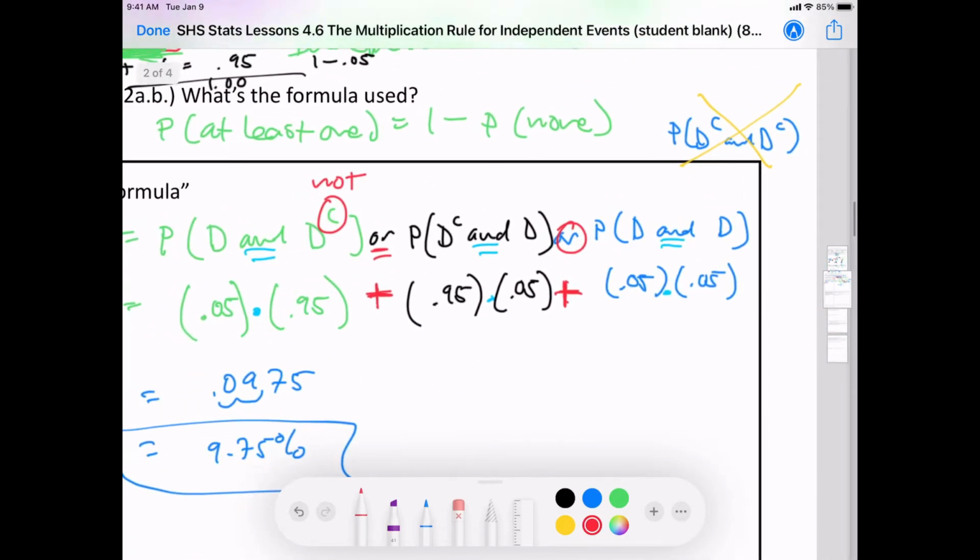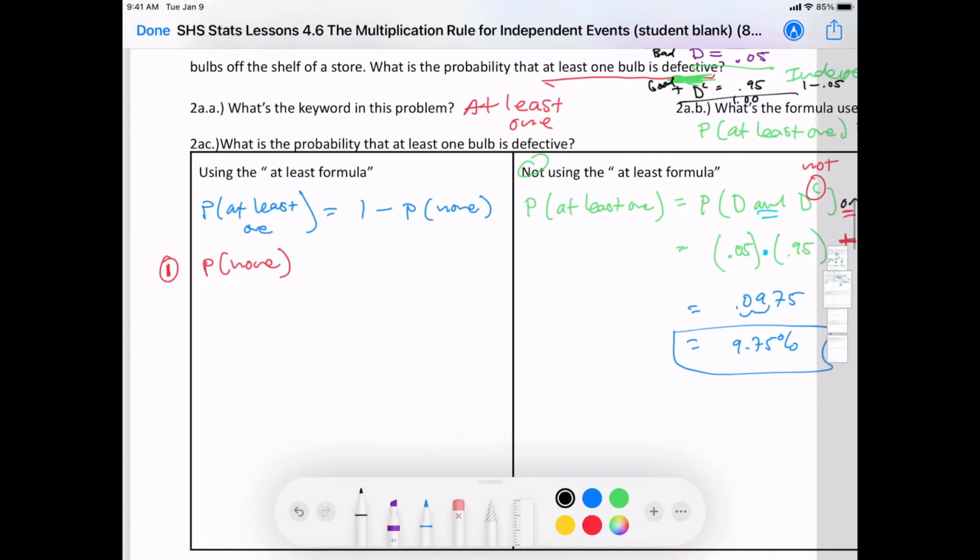You have the green, the black, the blue, and the yellow, because this one over here says none of them are defective, right? So let's use that. Probability of not defective and the probability of not defective. And again, because they are independent, this is multiplication. Not defective means it's good. So 0.95 times 0.95.